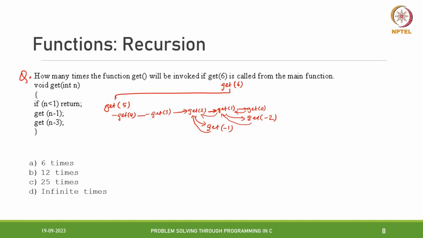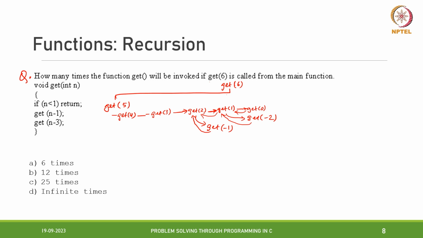Because here n minus 3 is done, that particular function call is over, because there is no other statement after that. So get of 2 is now done. I had checked the condition, it was false, so I didn't return anything. Then I called get of 1, and there were a lot of function calls after that.